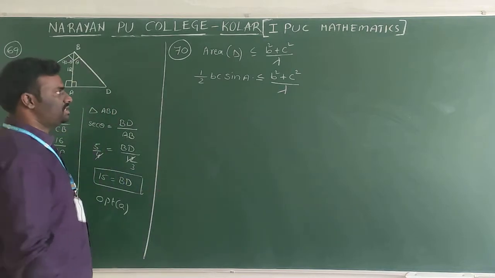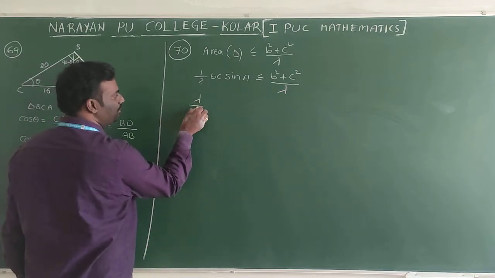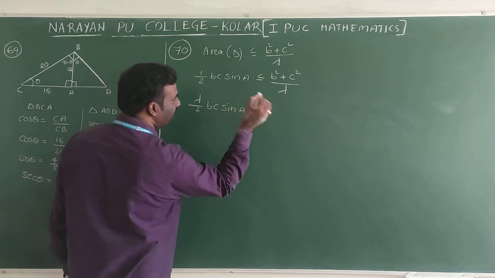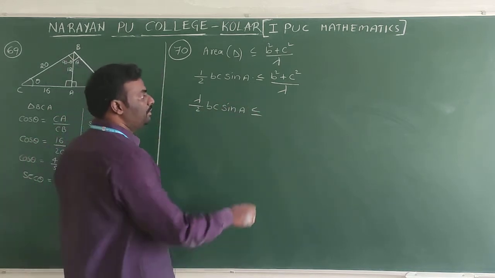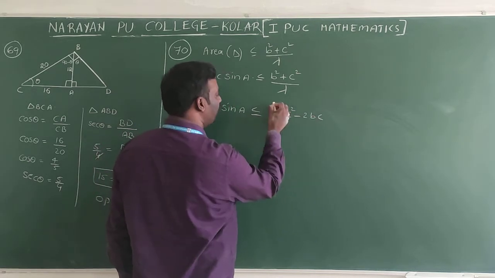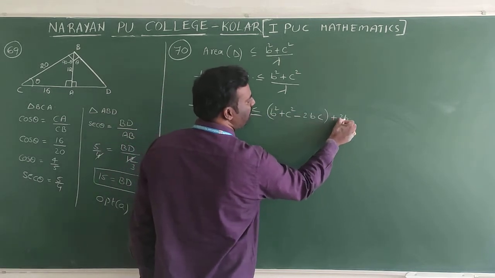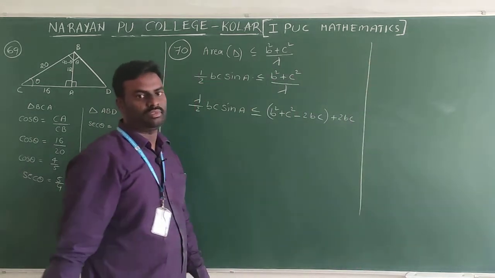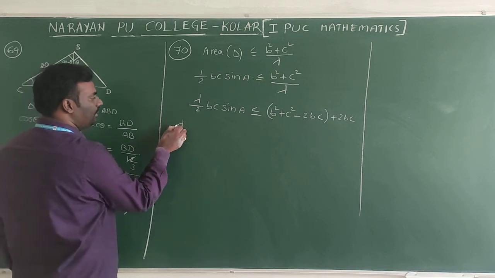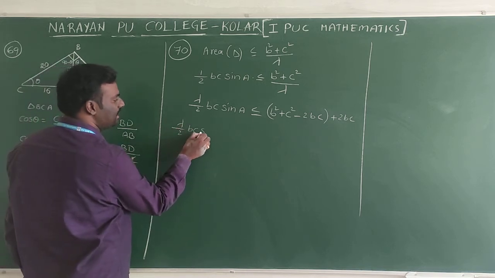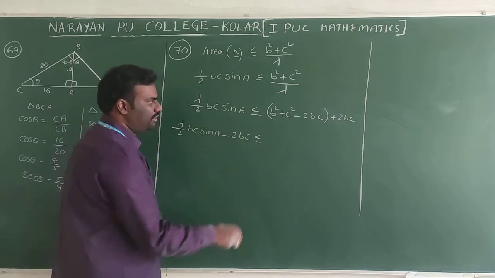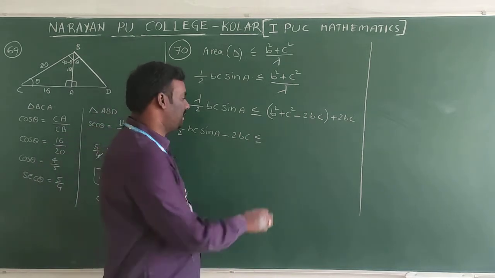Send lambda also this side, lambda by 2 BC sin A is less than or equal to b square plus c square, subtract 2BC, add 2BC. Now send this plus 2BC to this side, lambda by 2 BC sin A minus 2BC less than or equal to, it can be written as b minus c whole square.